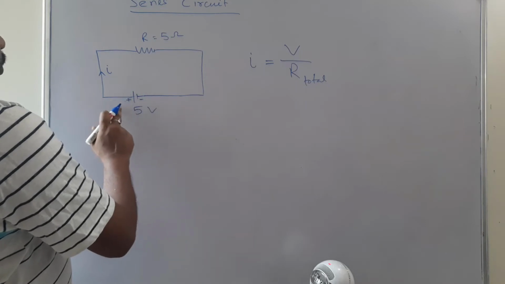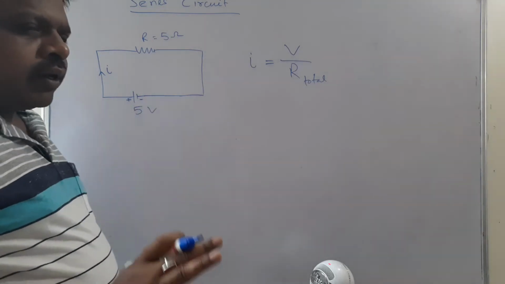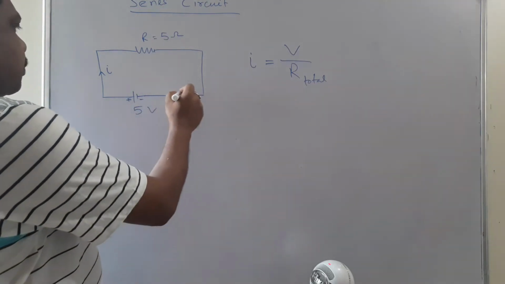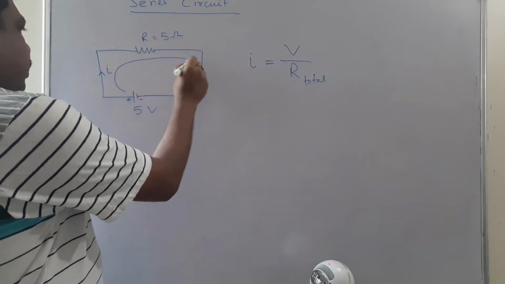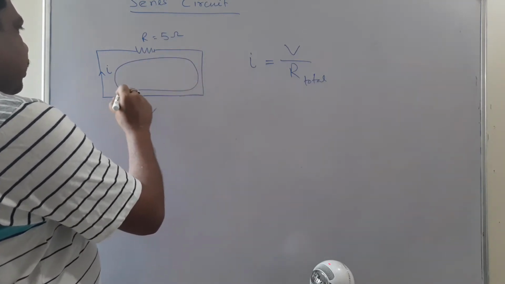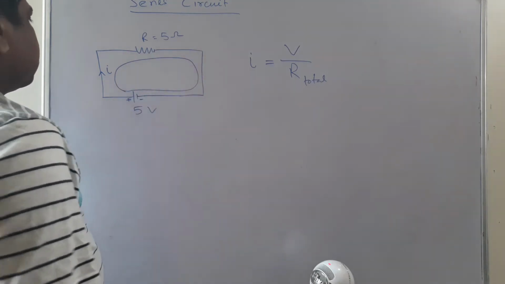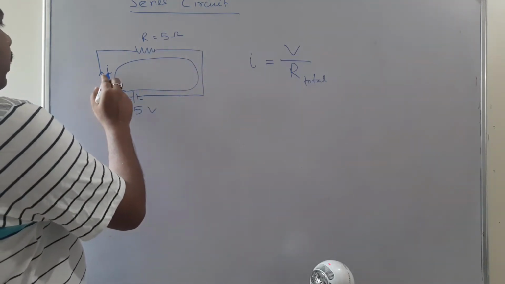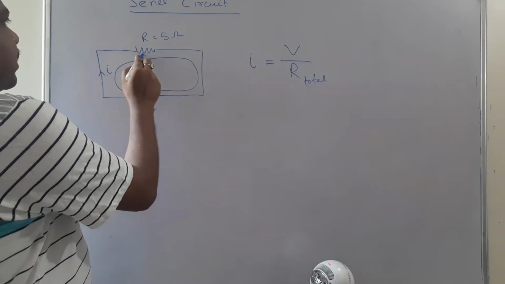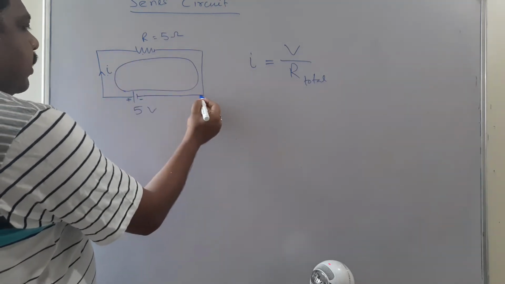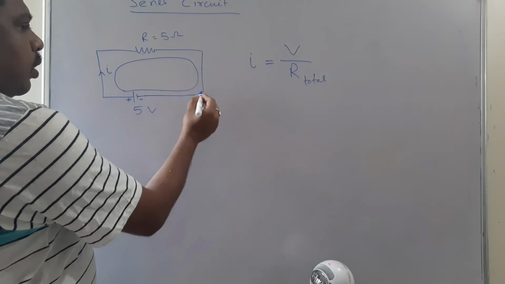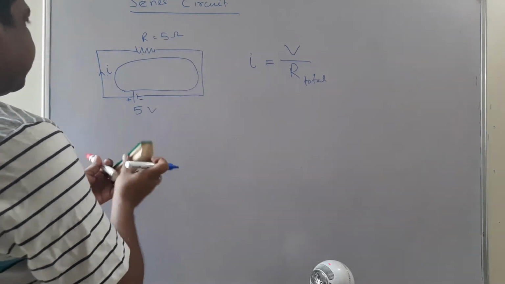So now while calculating currents, first you have to find the closed path, and in this closed path the current will be the same at all points, right? So here this I, and I at this point, all will be the same, right?